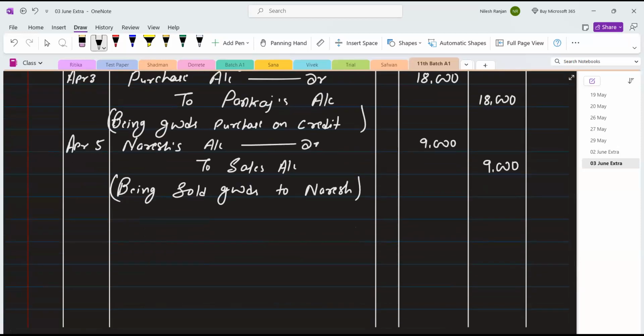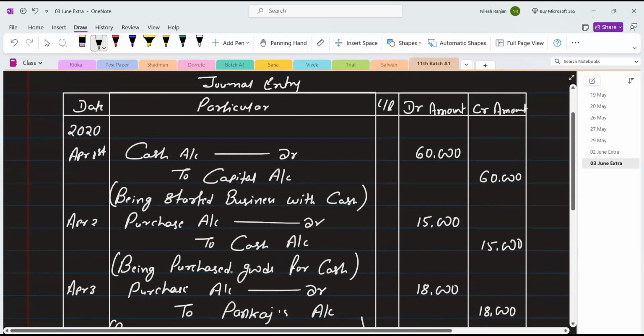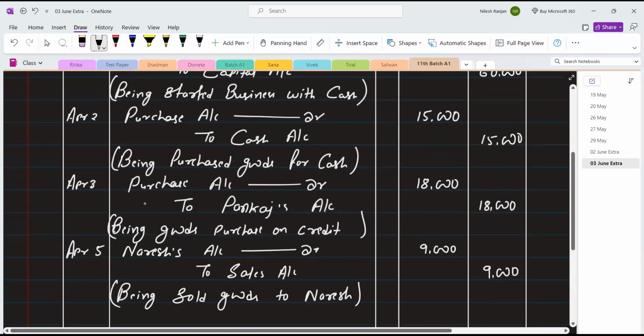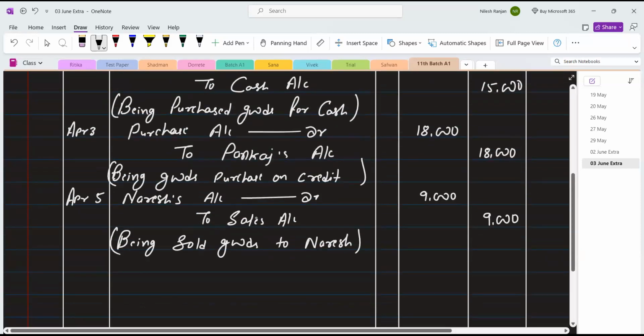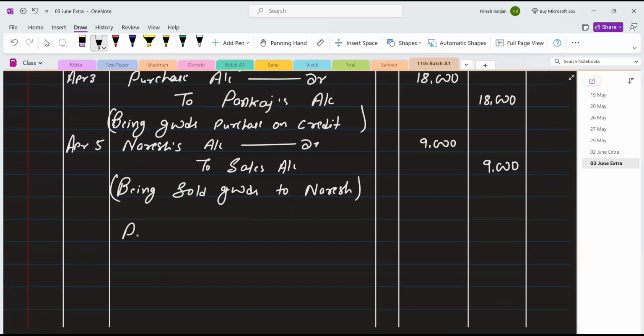Okay, next is goods returned by Naresh. No, sorry, goods returned to Pankaj first. So now we are returning goods to Pankaj. When we purchased goods from Pankaj, the transaction was purchase account debit to Pankaj account. Now we are returning goods, so the entry will be reversed here.